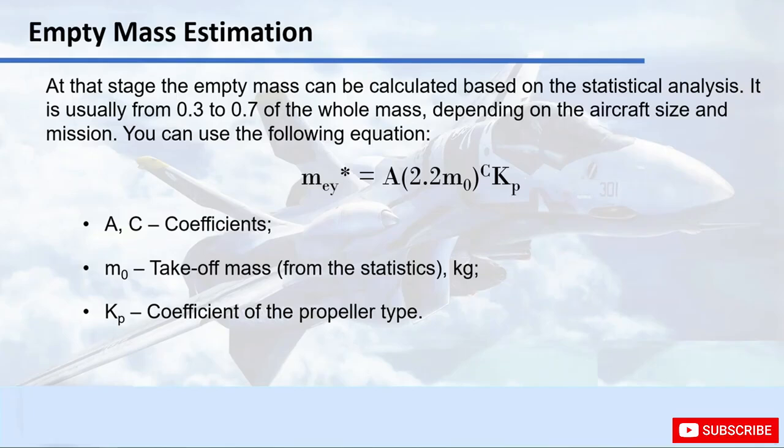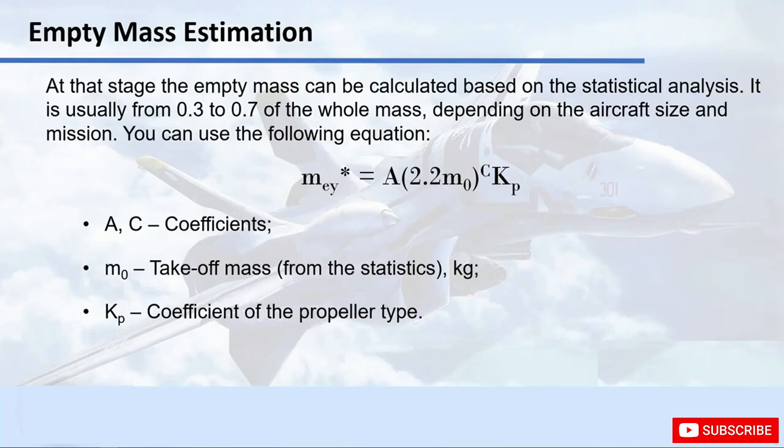For this reason, we're using this equation, which is based on experimental data. We're going to use certain tables and figures in order to determine some of the coefficients, for example A and C, which are coefficients from experimental data that was performed in the past.